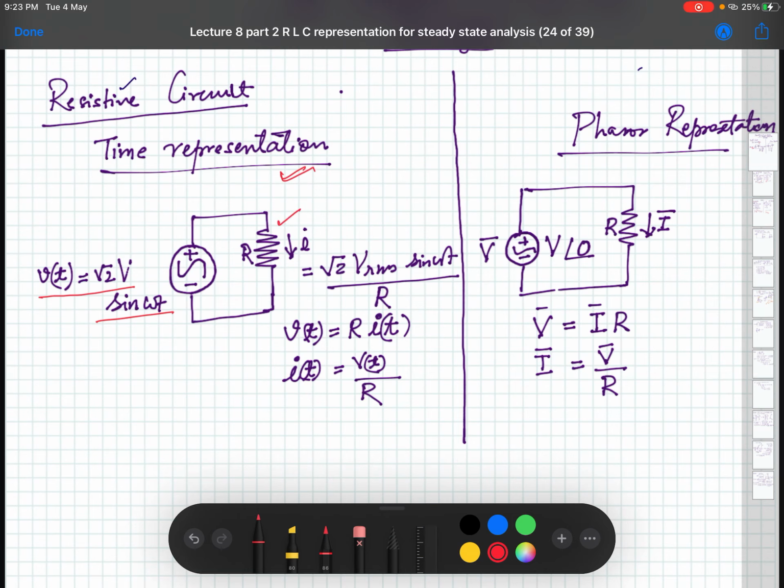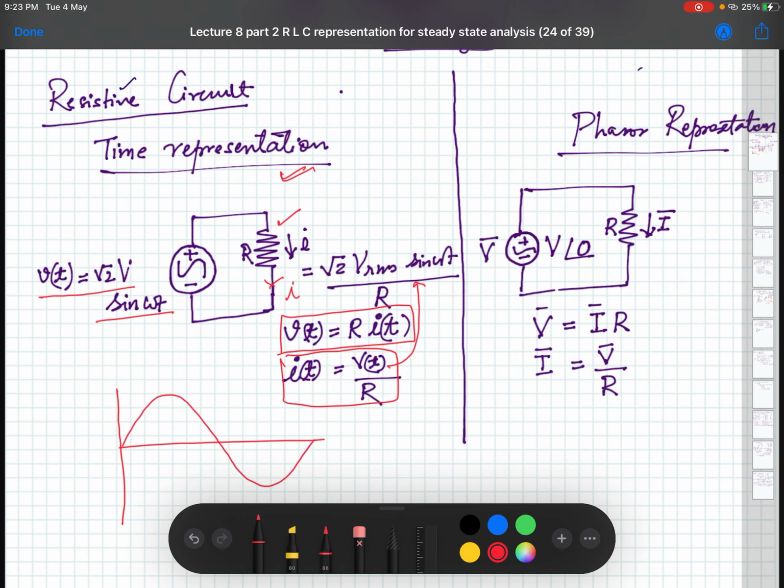Going by the relation between I and V, you can write in instantaneous terms v(t) = R times i(t), or i(t) = v(t) by R, and you can put in v(t) as this. So i(t) and v(t) will have the same form and the same frequency omega t; the only difference will be in their peaks.